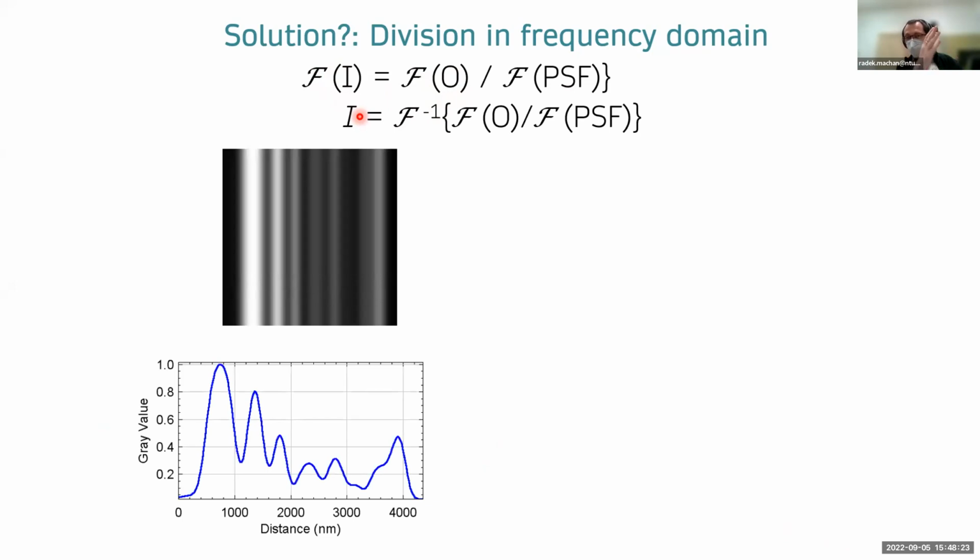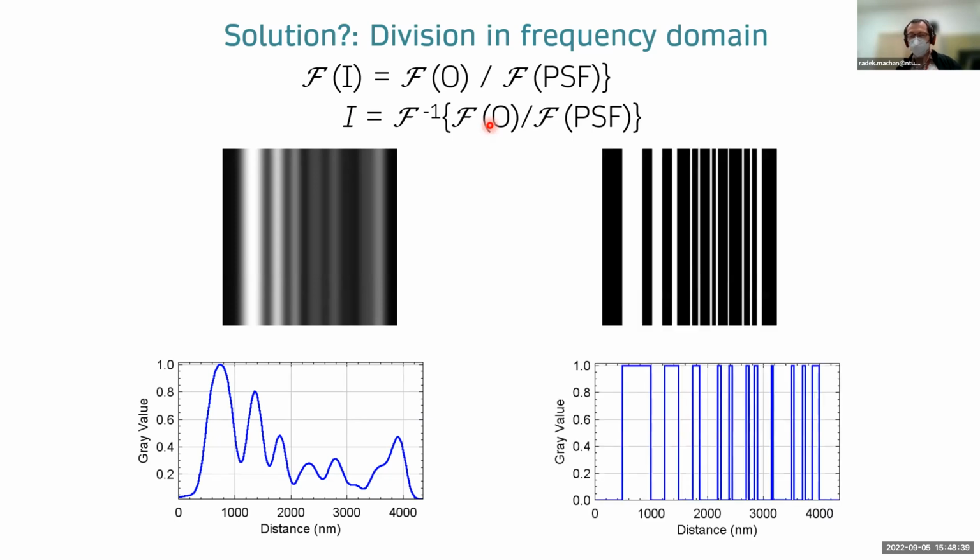We take this blurry image and do this very simple mathematics, which even an ordinary laptop can do in no time. And what we get is this. So I have a solution. Isn't it great? We don't have to worry about point spread functions and things like that. We can always resolve everything that's in the image as long as we know the point spread function, which we can measure.